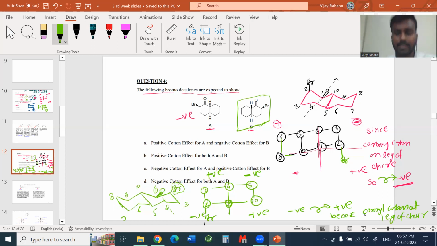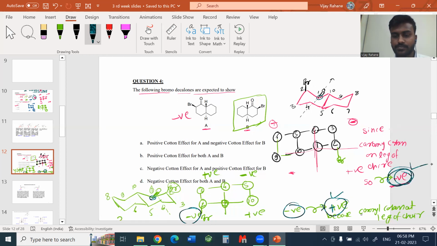If the carbonyl carbon is at the leg of the chair, then perform all the operations, and whatever sign comes, you change it. Here the sign that came is negative, but we need to change it, so it will be positive, because the carbonyl carbon is at the leg, right? Similarly we did it here also, right?